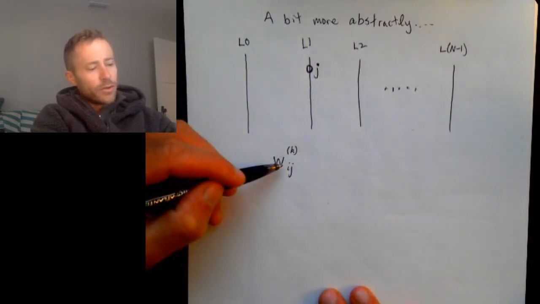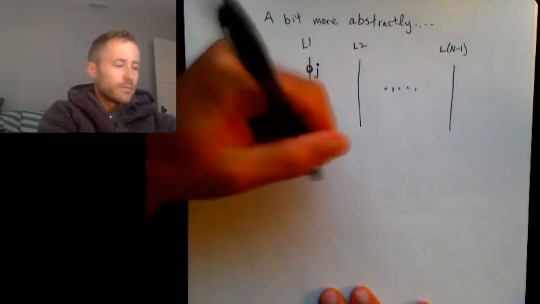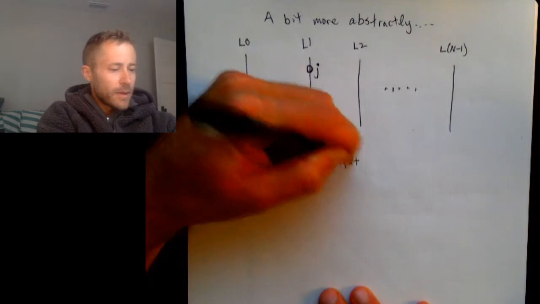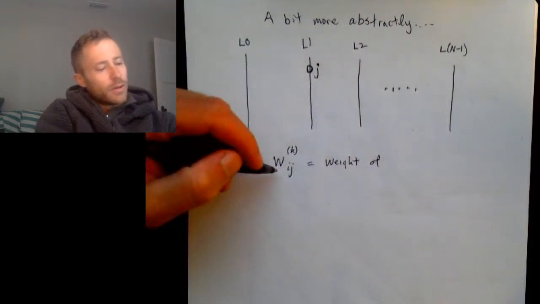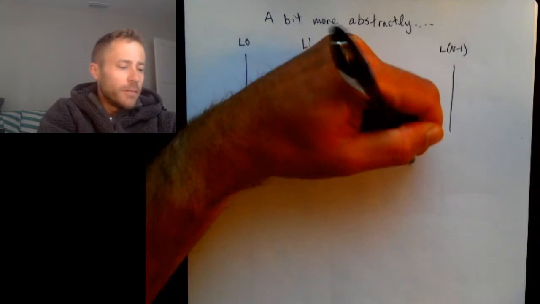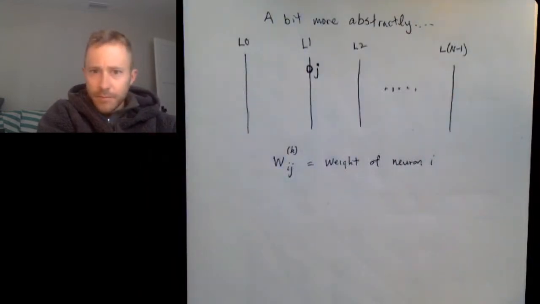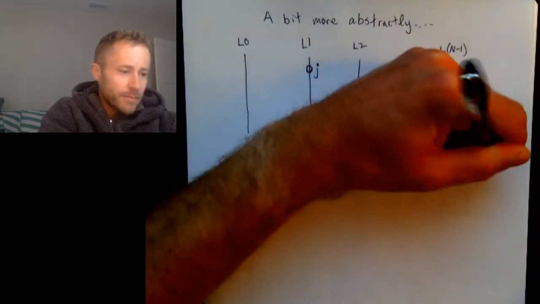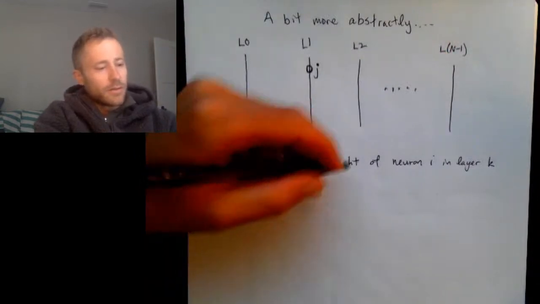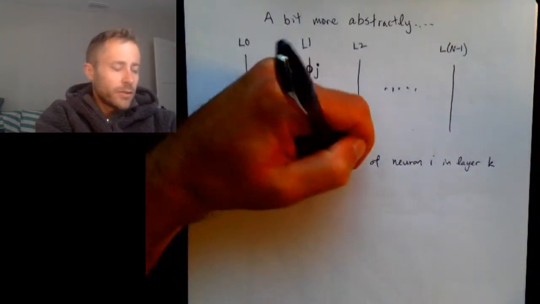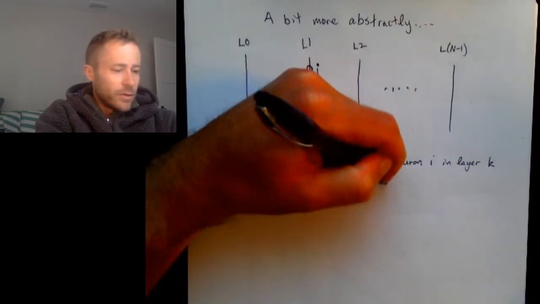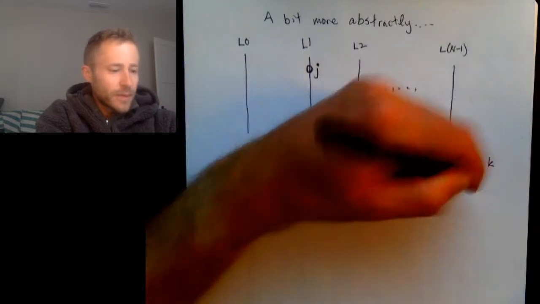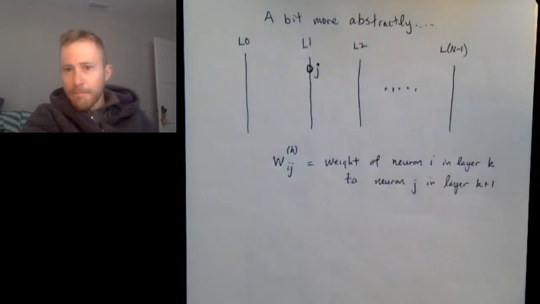So what does this mean? It means this is the weight of neuron I in layer K to neuron J in layer K plus 1.